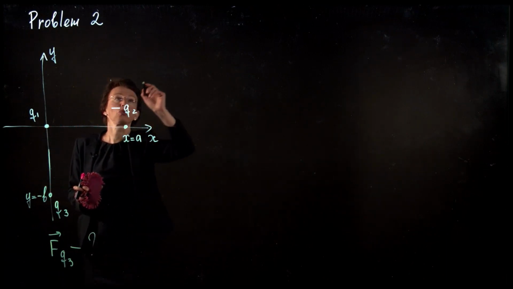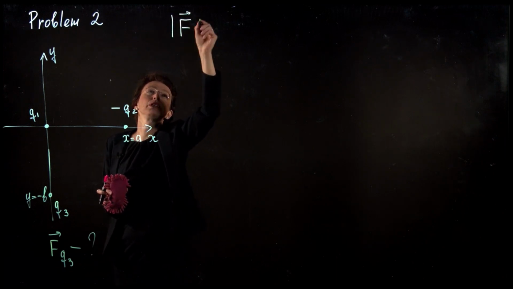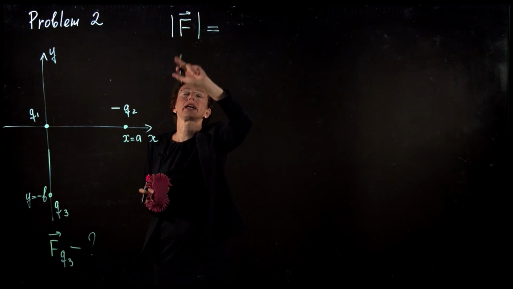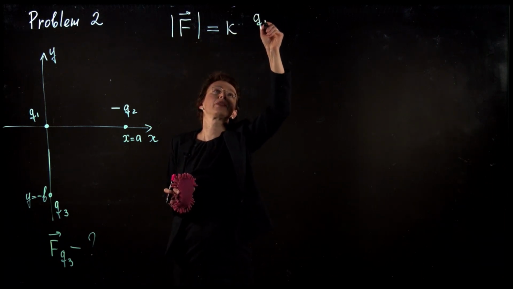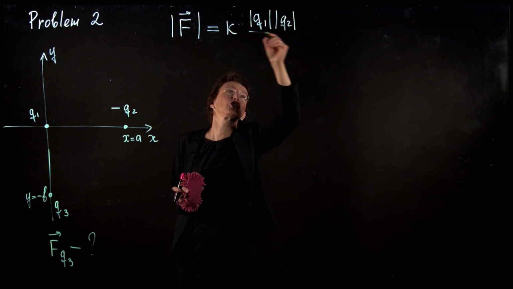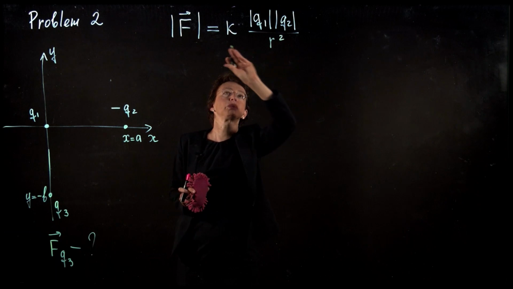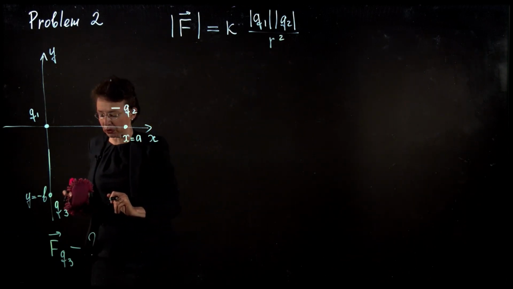We will use Coulomb's law that tells us that the force between two charged particles, I put magnitude of force, is coefficient k, then magnitude of charge 1, magnitude of charge 2, divided by distance between them squared. And we will use the principle of superposition.